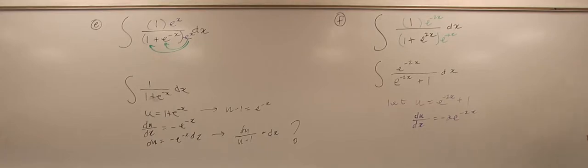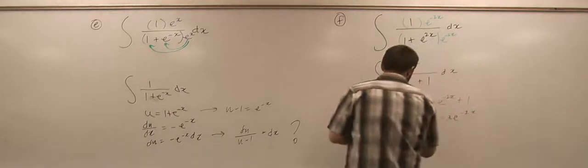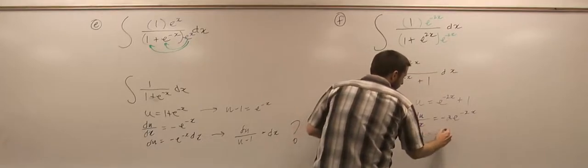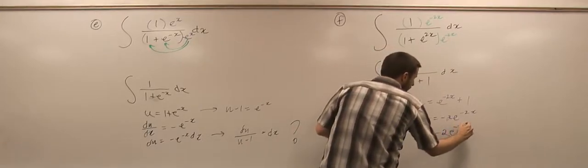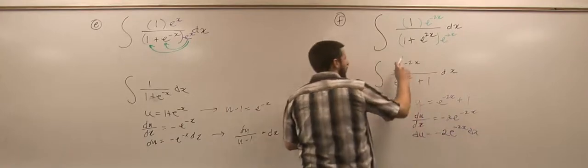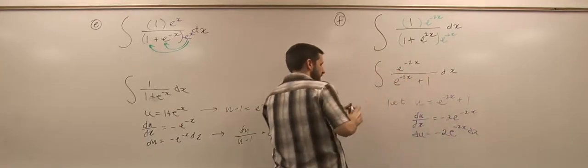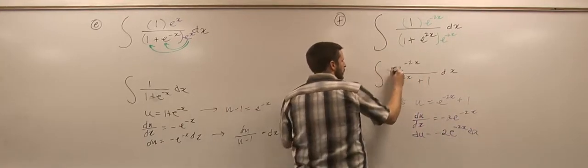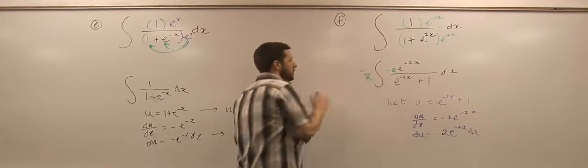So I almost have du in there, right? Du would be equal to negative 2e to the negative 2x dx. So I have e to the negative 2x dx. I need an extra negative 2. So I put it in.